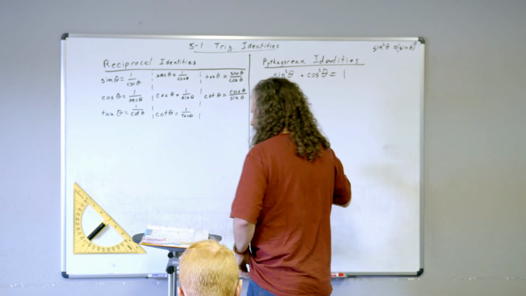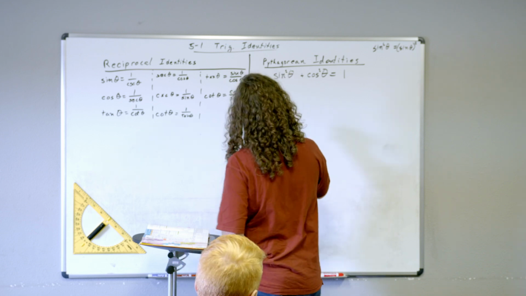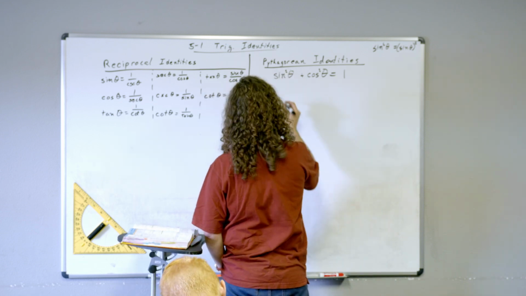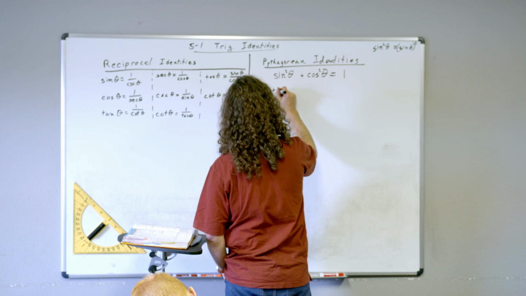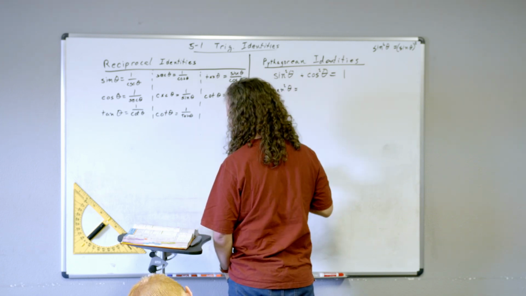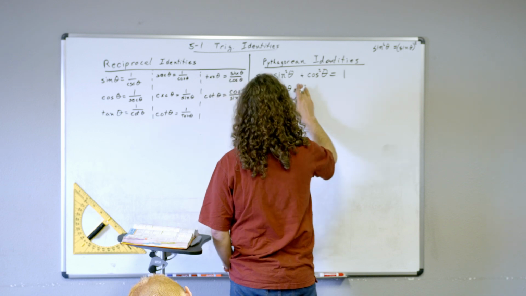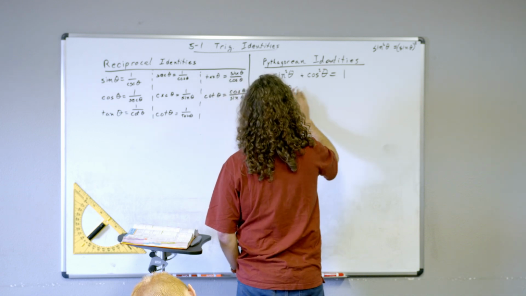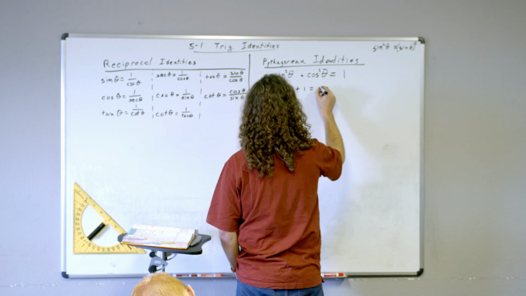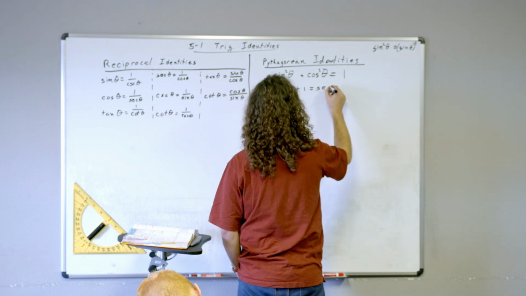Okay. So we can also write Pythagorean identities with the other trig functions. Tangent squared theta equals, oh no. Yeah, I could write it that way, but that would be dumb. Tangent squared theta plus 1 equals secant squared theta.